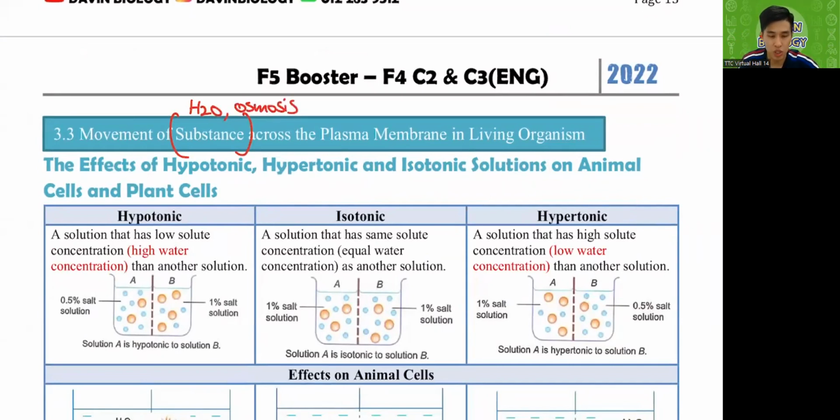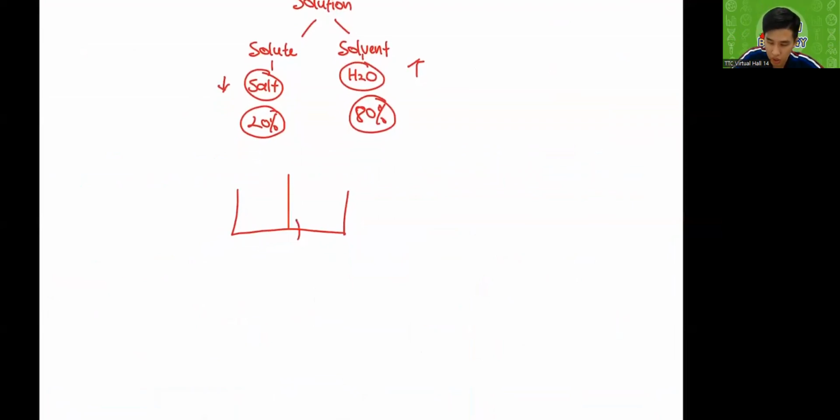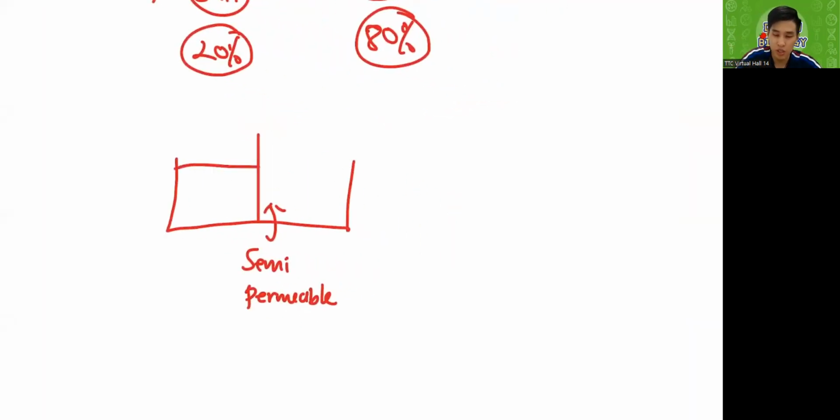Because this is how questions will usually ask. They'll put this thing in the middle here, which is called a semi-permeable membrane. Semi-permeable means it only lets certain substances through, like small substances, water. So let's say I tell you here, I got 20% salt and 40% salt solution.